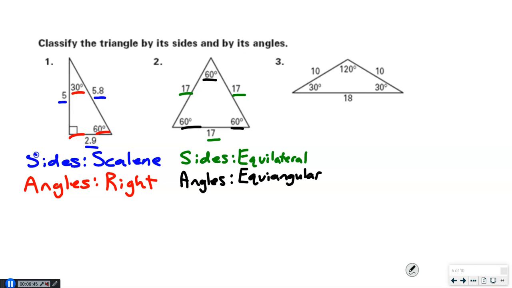So this is a regular triangle. If it gives an option of regular, you would still need to answer that that is a regular triangle. But just by classifying by sides, it would be equilateral. Just by classifying by angles, it would be equiangular.